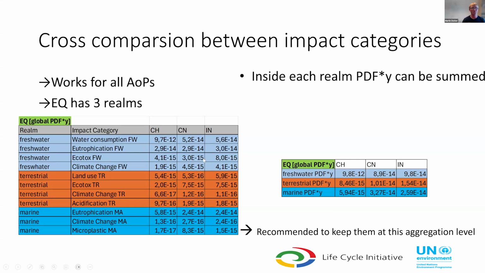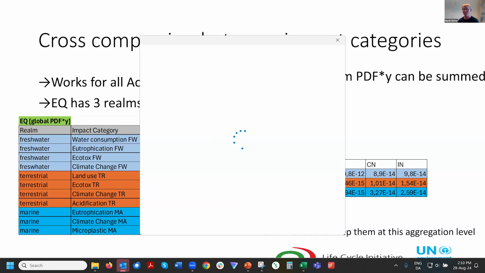And then we can, of course, do some aggregation. Since it's the same units, we can simply aggregate all the impact categories by summing them. But then it's a bit special for ecosystem quality. Here we have 3 realms, and we can sum inside one realm, and then we get one result for freshwater, terrestrial, and marine.